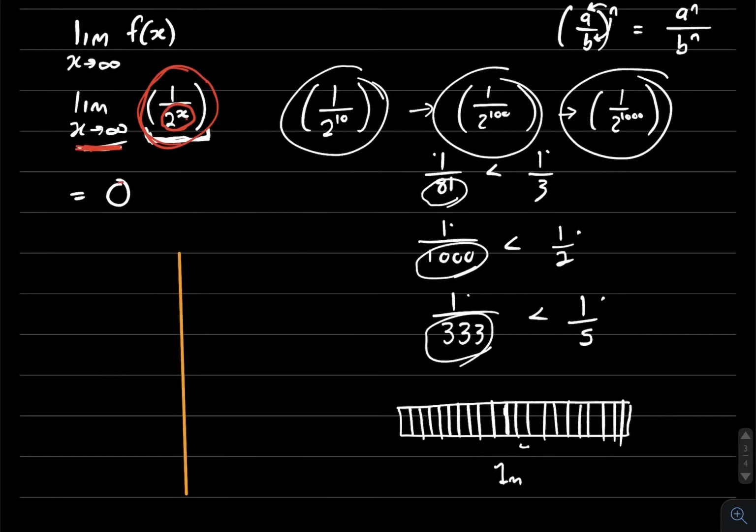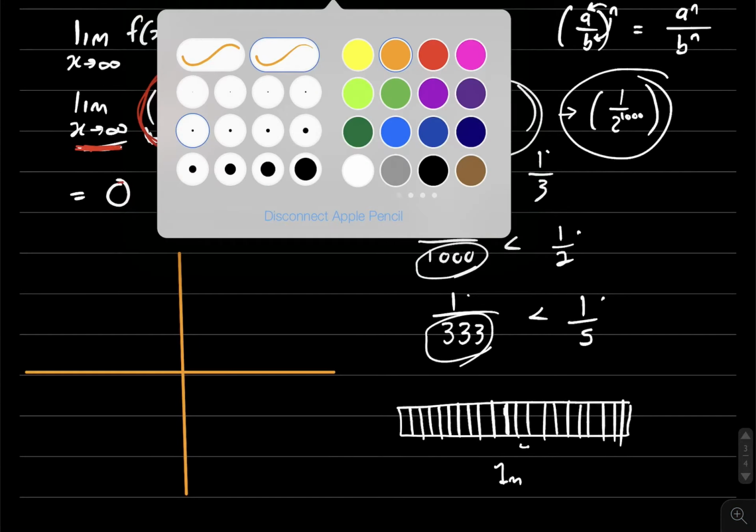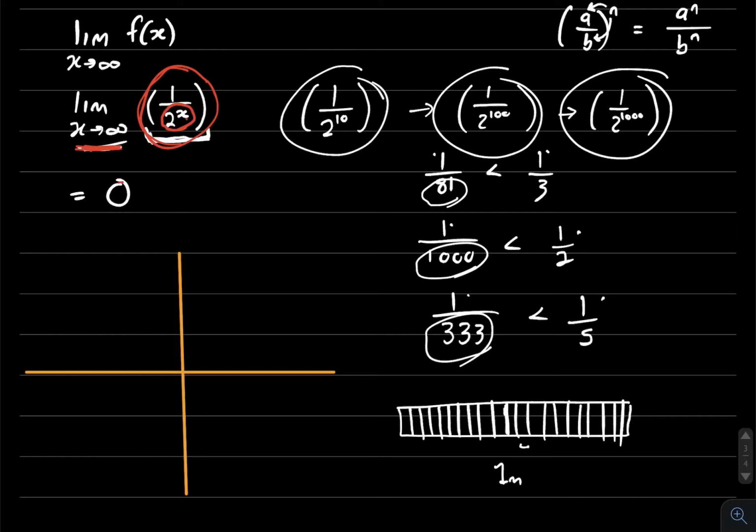Let's draw our graph of the function f of x. What does it look like? You can confirm this. The function looks like this. It cuts the y-axis at 1. It's an exponential function. And what do we see?